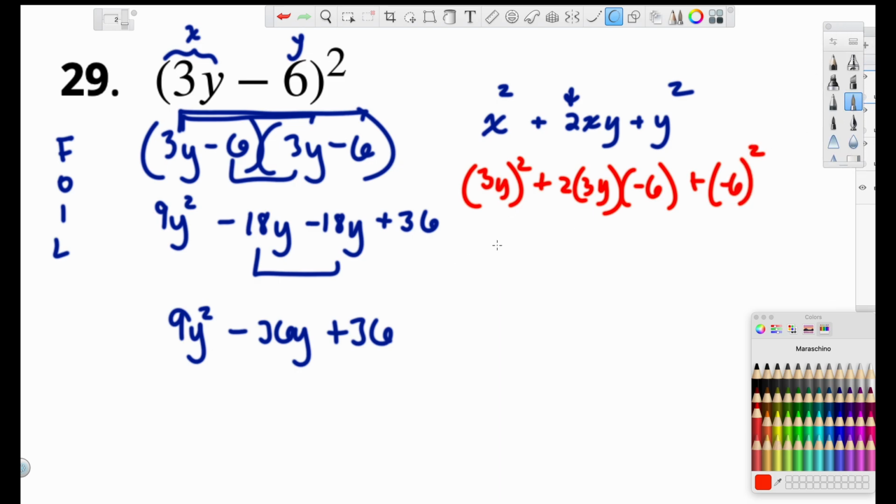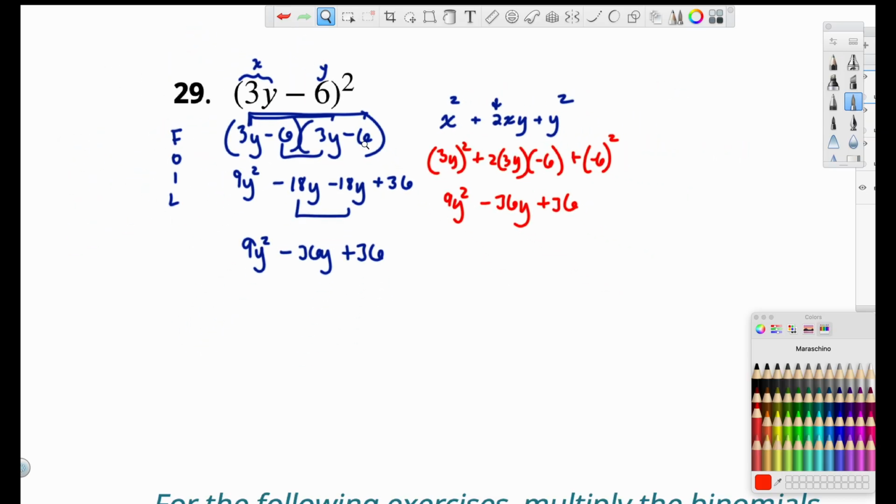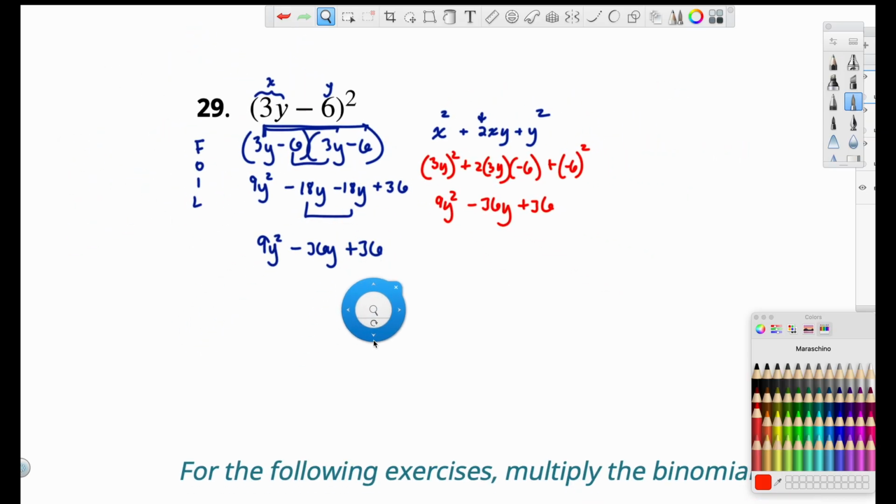And then 3y, if we take that whole thing, would be 9y squared. 2 times 3y times negative 6 is negative 36y. And then negative 6 squared is plus 36. You see, we get the same thing. So you could expand the binomial and do the FOIL, or you can use the pattern, the equation here that we saw in the example.